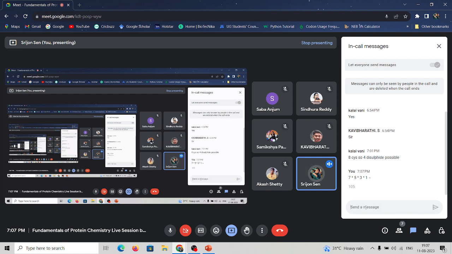So there are 105 possible ways in which disulfide bonds can be formed between the 8 cysteines in a protein molecule. There will be 4 disulfide bonds, but the possibilities of disulfide bond formation are 105 ways. Clear to all of you?